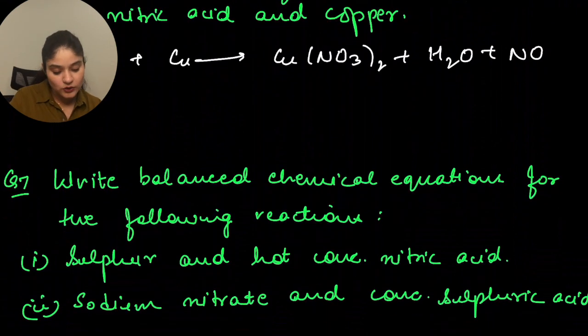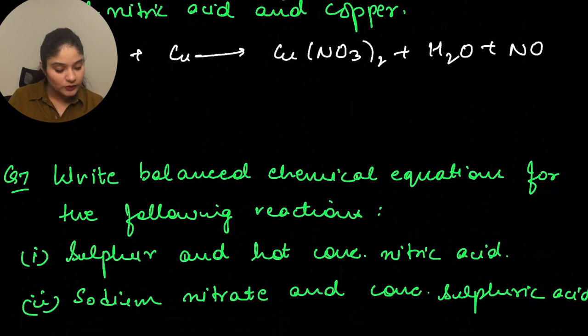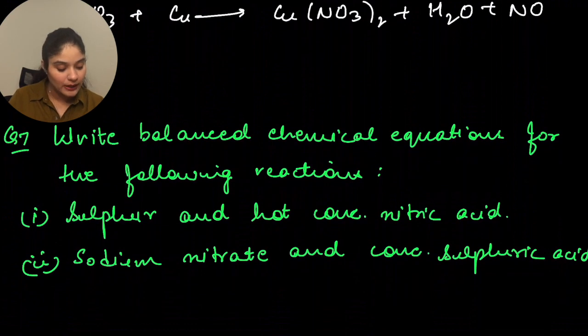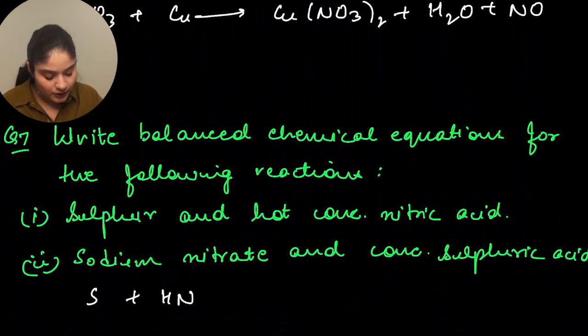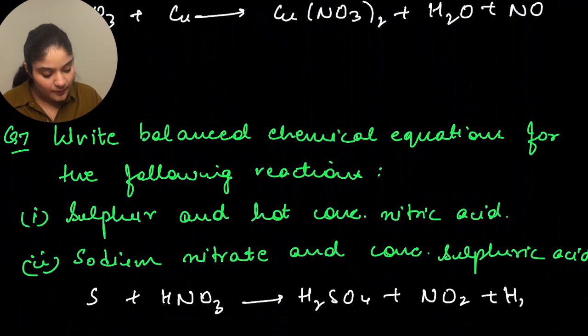Write balanced equations for the following reactions. The first one is sulfur and hot concentrated nitric acid. The next is sodium nitrate and concentrated sulfuric acid. Okay, let's write the first one. So sulfur plus HNO3 will give you H2SO4 plus NO2 plus H2O.